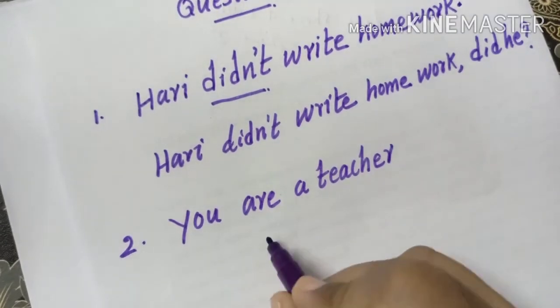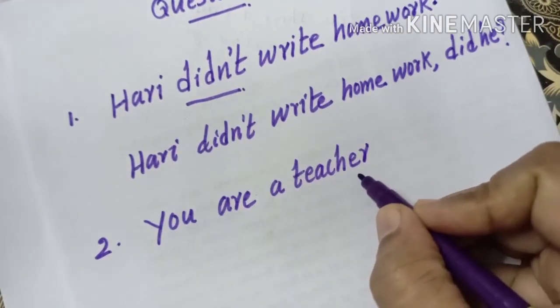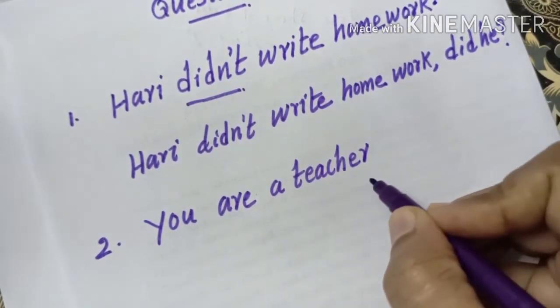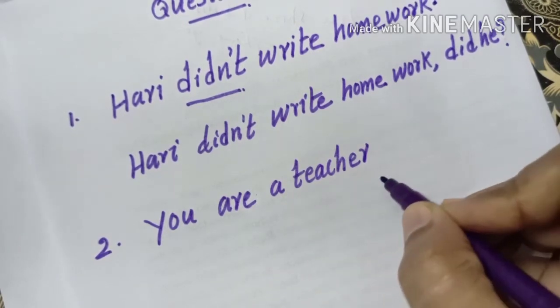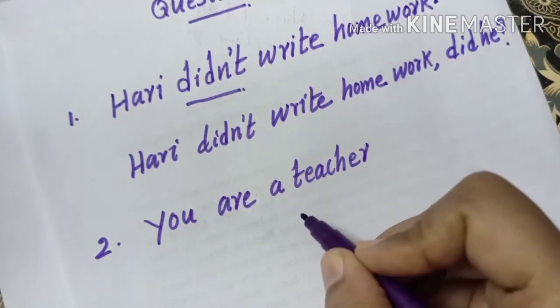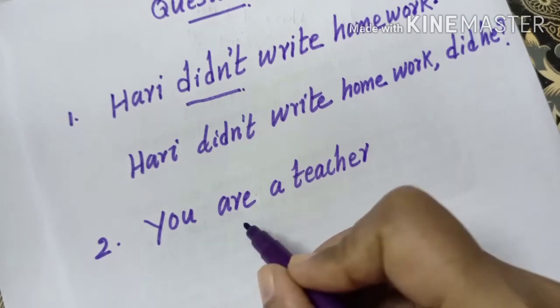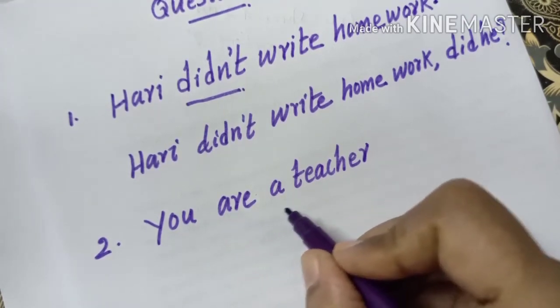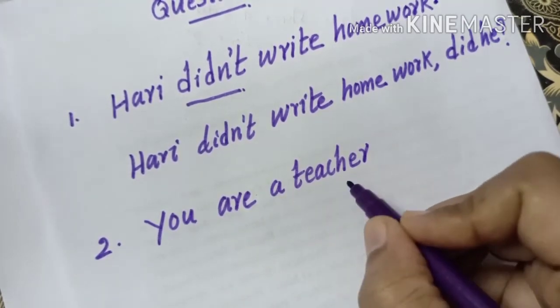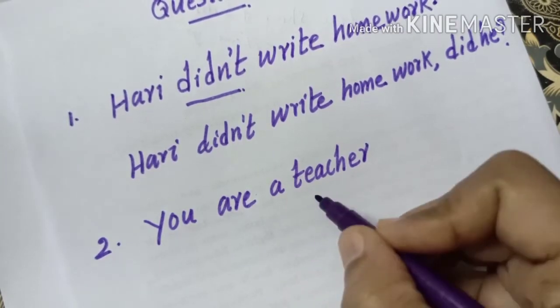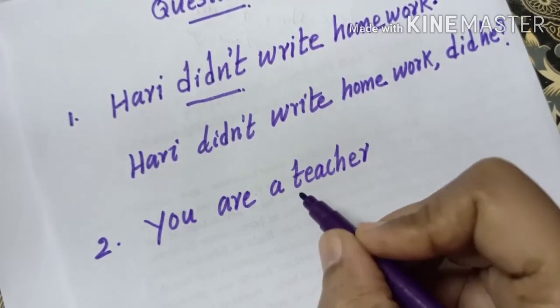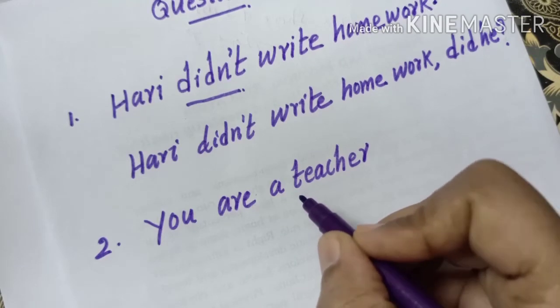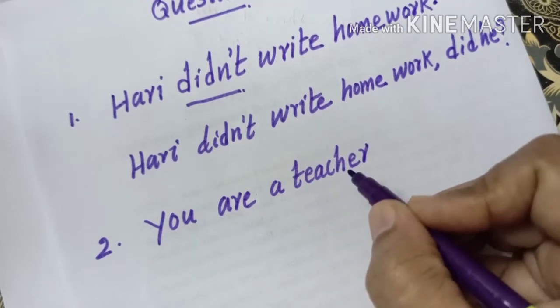Okay, look into this question. You are a teacher. This is a declarative sentence. Is it positive or negative? Yes, there is no word related to negative in this sentence, so it is a positive sentence. If the sentence is positive, we will use a negative tag.